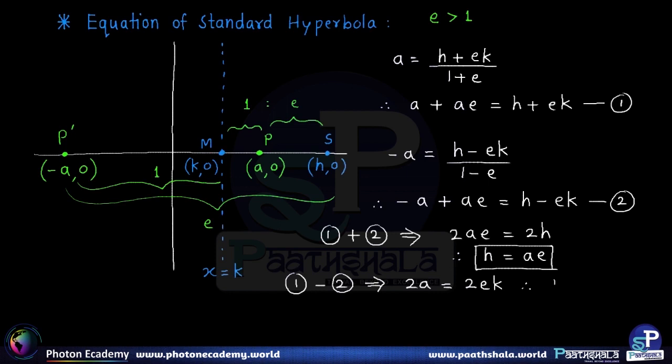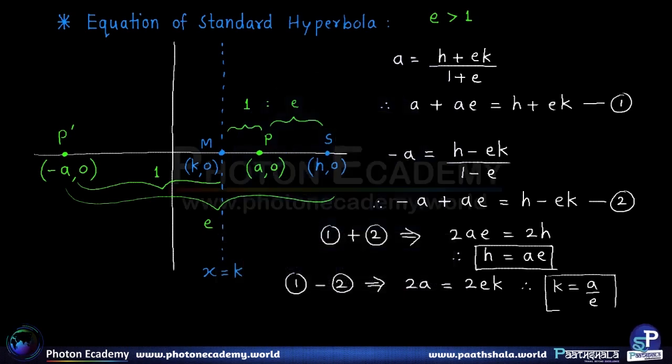So from this we get k to be nothing but a upon e. So we got the values of h and k in terms of the known quantities a and e.